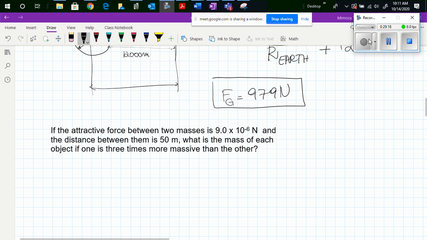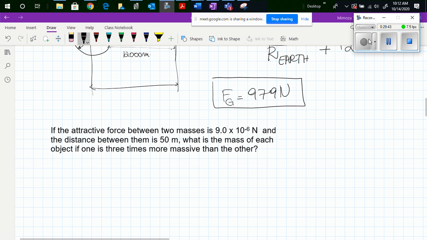Which means that if you want to lose weight, notice what I'm saying, lose weight, go into space, go away from Earth, because mass is a scalar quantity and doesn't change.